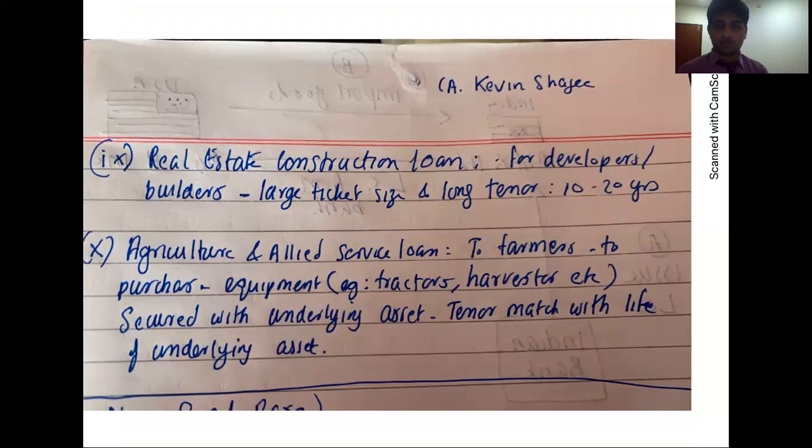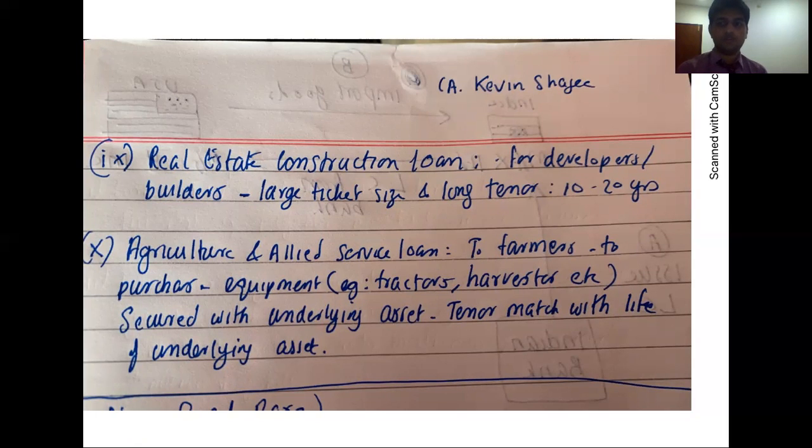Real estate construction loan. This is just like a term loan. It is provided to developers and builders, with a very large ticket size and a very high tenure. Agricultural and allied loans. It is given to farmers for purchase of equipment, tractors, harvesters.